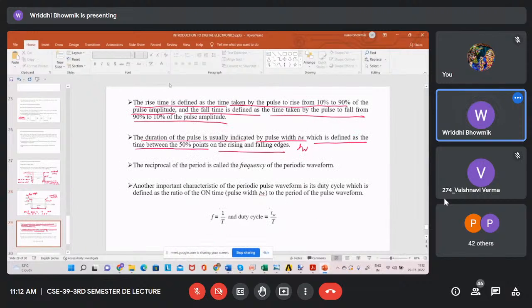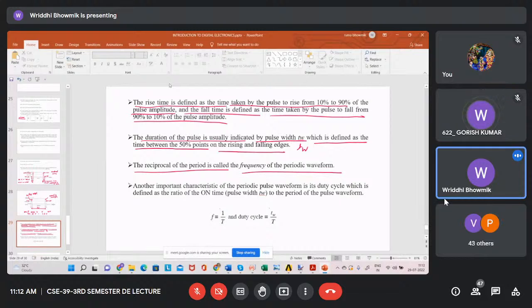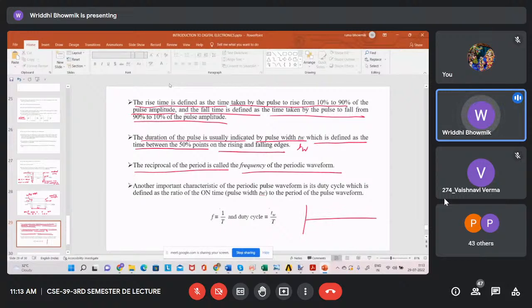Now, the reciprocal of the period is the frequency of the periodic waveform. We are quite familiar with this term. So this is your sine signal. You see, this is one cycle.